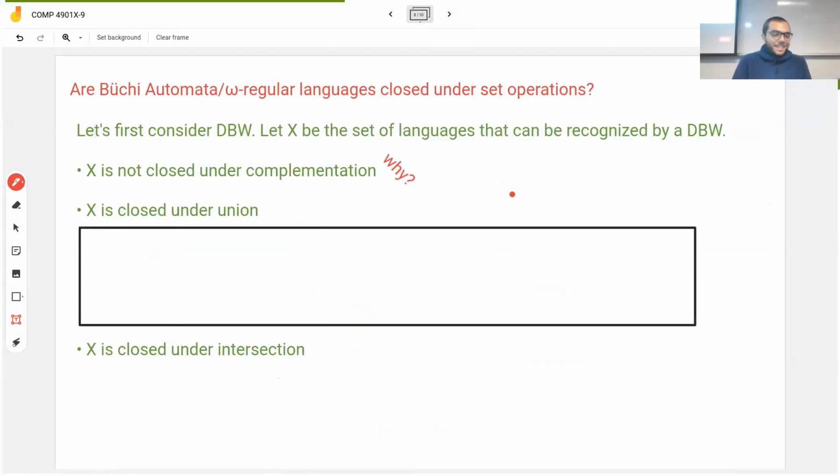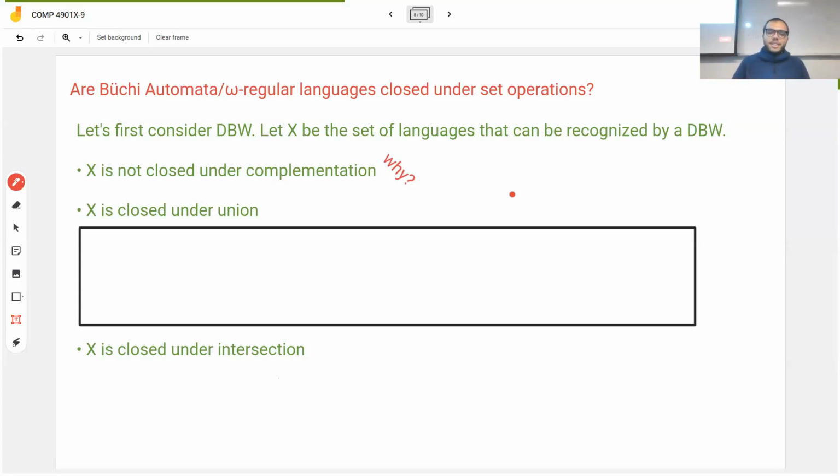So the next thing that you've probably again seen about finite automata is that if you have a finite automaton that accepts a language L1 and another automaton that accepts L2, there is also an automaton that accepts L1 complement, L1 intersection with L2, L1 union L2, and so on.